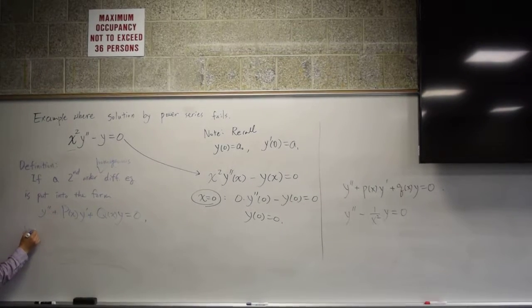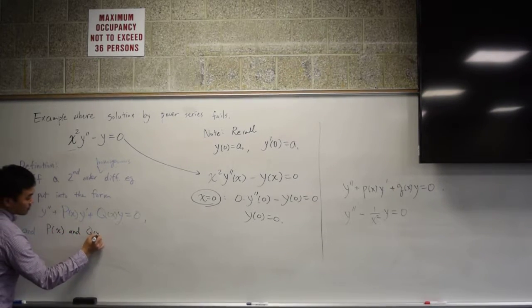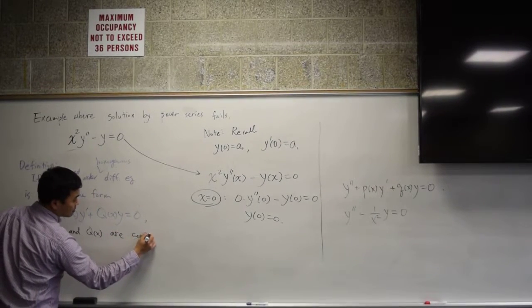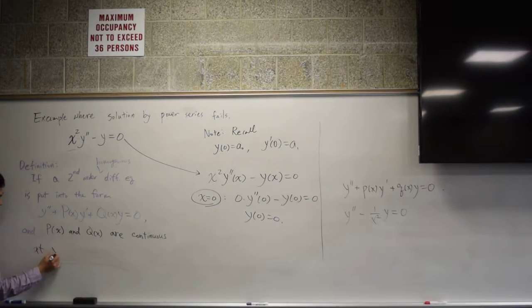And P of x and Q of x are continuous at x equal to a. Continuous also contains the definition that it has to be defined. So, in other words, P of a should be defined and Q of a should be defined.